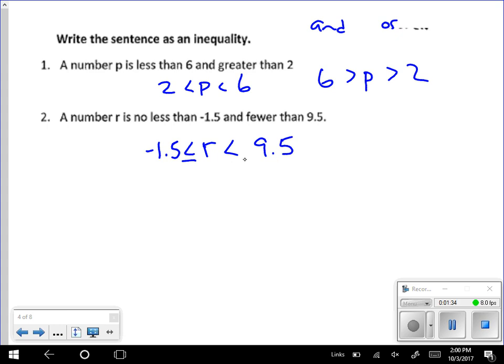Could it be equal to 9.5? Well, it says fewer than, so it can't be equal to. So we're going to leave it like this. Now again, if you wrote it the other way, that would be acceptable, but you do need the equal to over here because it says no less than. So it could be negative 1.5.